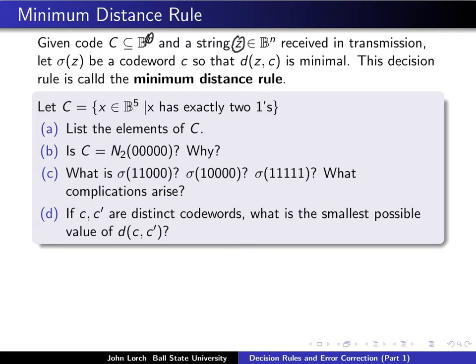So if we try to list these down here, we might have 11000, and then 10100, 10010, 10001, and then 01100, 01010, 01001, and then 00110, 00101, 00011. That should be all of them.